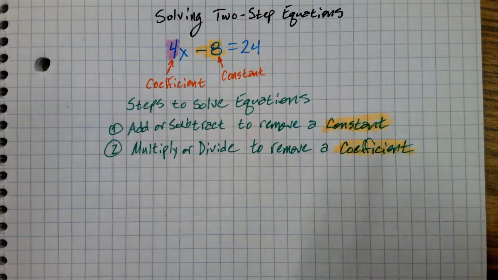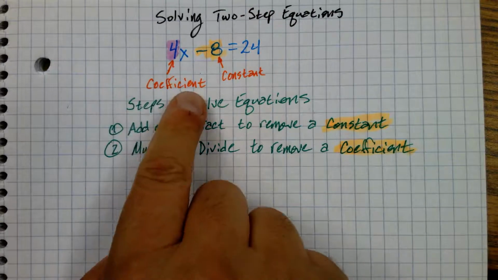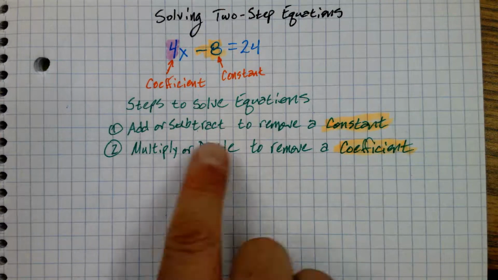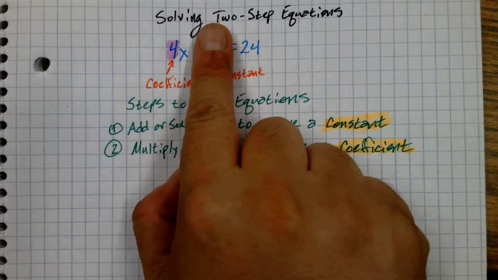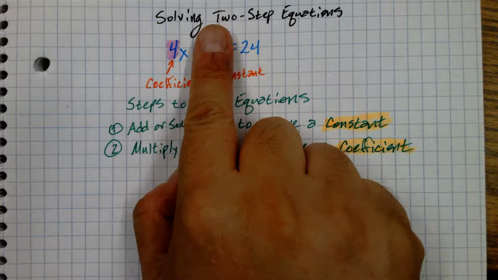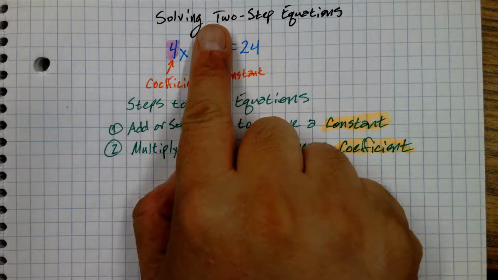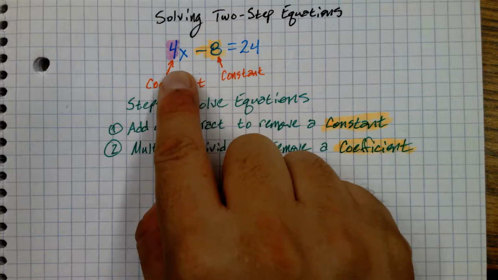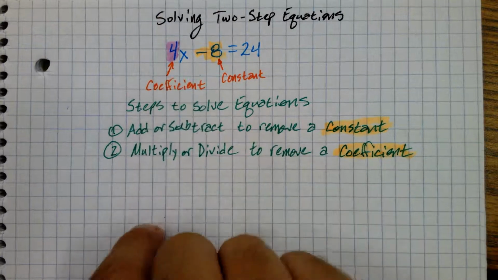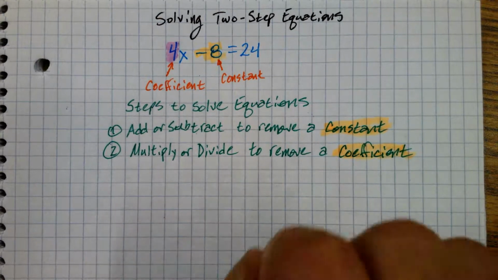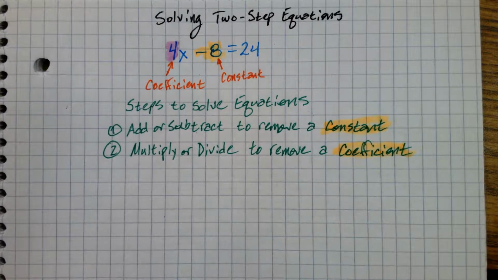In the equation above, 4 here was our coefficient. So after we did step 1, we wouldn't have this. We would just have 4x equals whatever it equals after we do the plus 8. Then the next thing we would do is get rid of this 4, and since it's multiplying, we would divide by 4 to get rid of the coefficient.